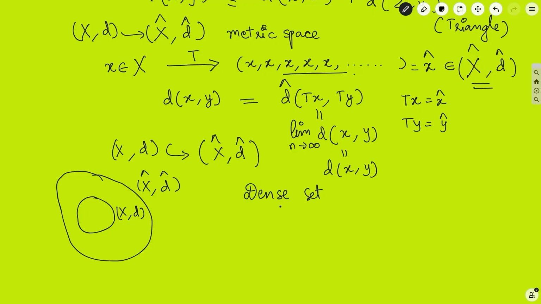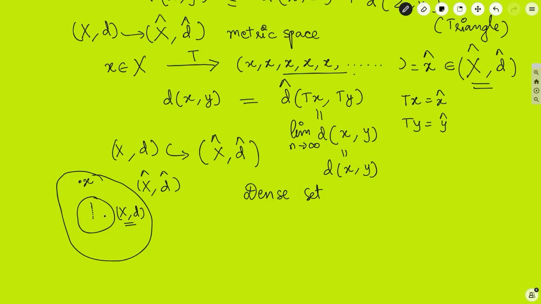In topology, or when you deal with analysis, you hear about dense sets. What are dense sets? Can you approximate this entire space using sequences from the space X? If X happens to be a dense set, then if you pick any other point from this space, you will have a sequence from X which will approximate it, which will tend to it.